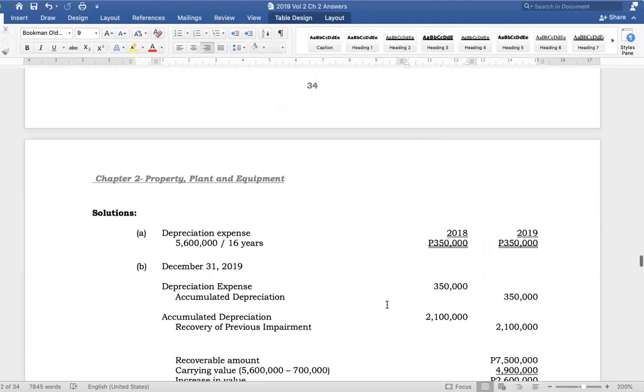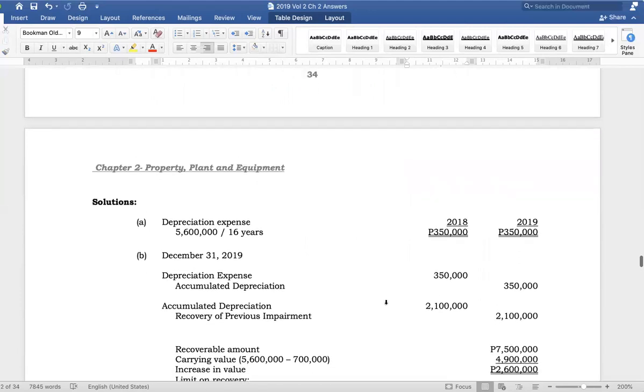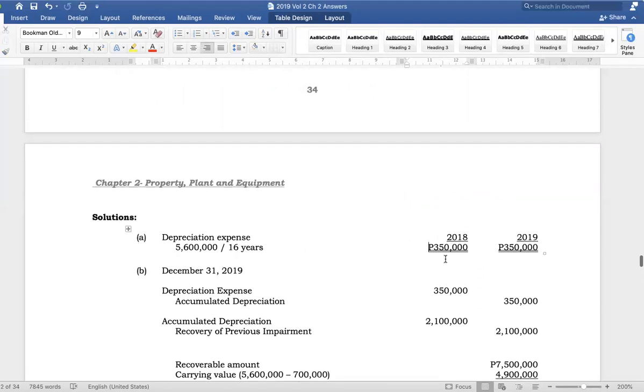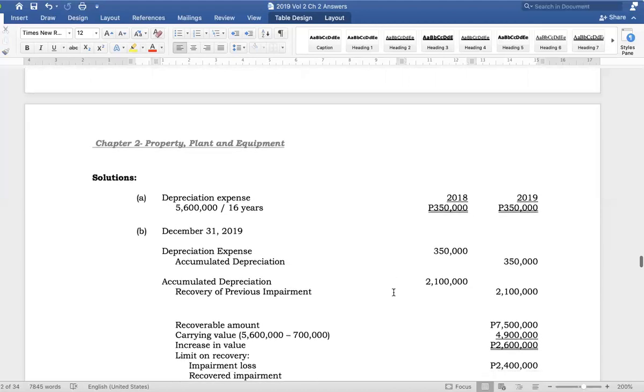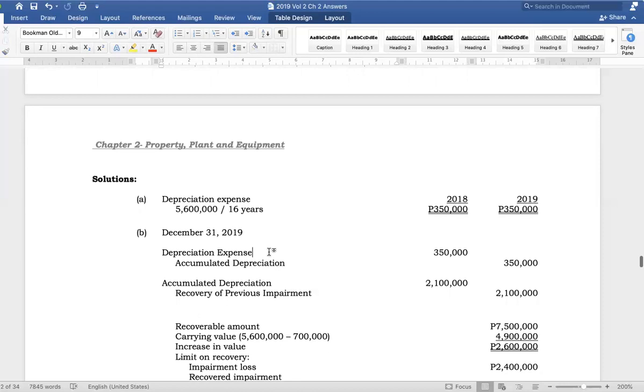350,000. So, on December 31, 2019, actually, ginawa nyo itong entry nyo once in 2018 and another in 2019. So, in 2019, before recording the recovery, your entry is to debit depreciation expense as computed here, 350,000.